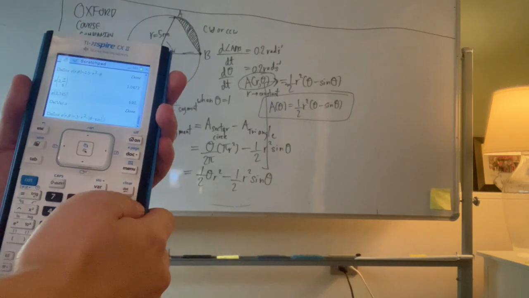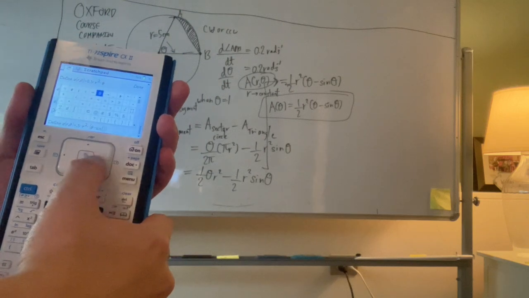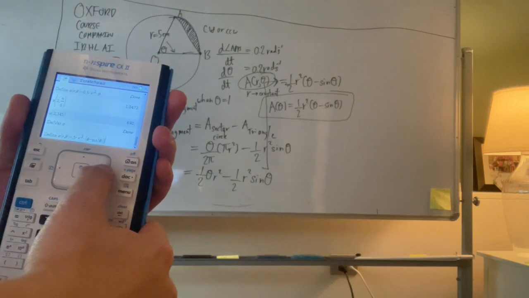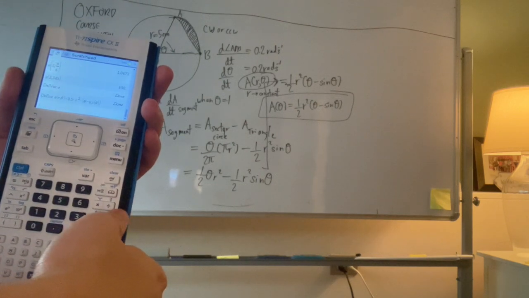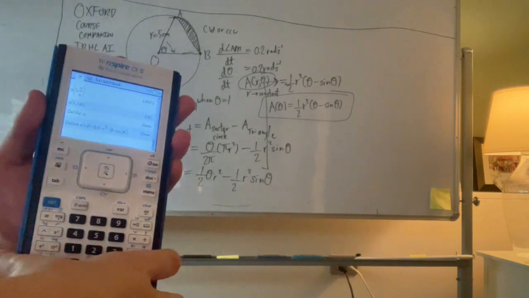So control, the blue button, you need the Greek letters here, and then this. Okay, that's done. Enter, done.